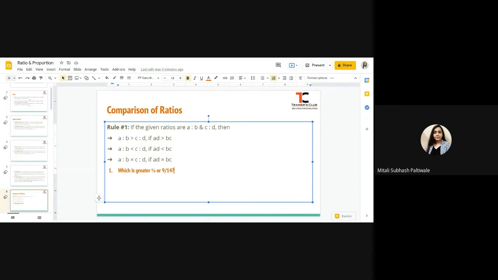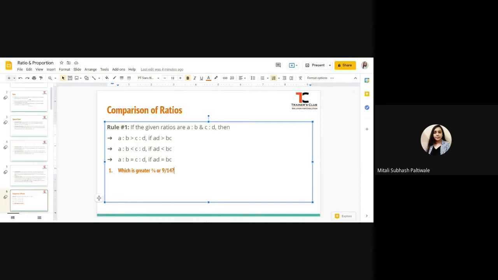So in that case, we will be doing one thing, that whether we can equalize the means, or whether we can find the ratios after equalizing.